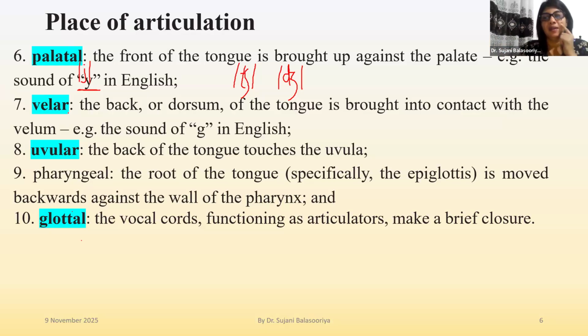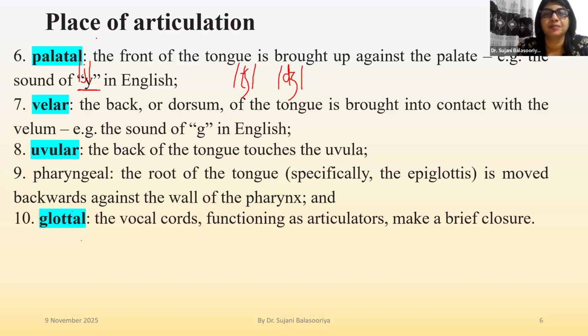Okay. So the soft palate alone can't produce sounds. The tongue should rise and touch the soft palate or the velum. I earlier told you there are 4 parts of the tongue. So to produce velar consonants, remember, we use the back or dorsum of the tongue, right?